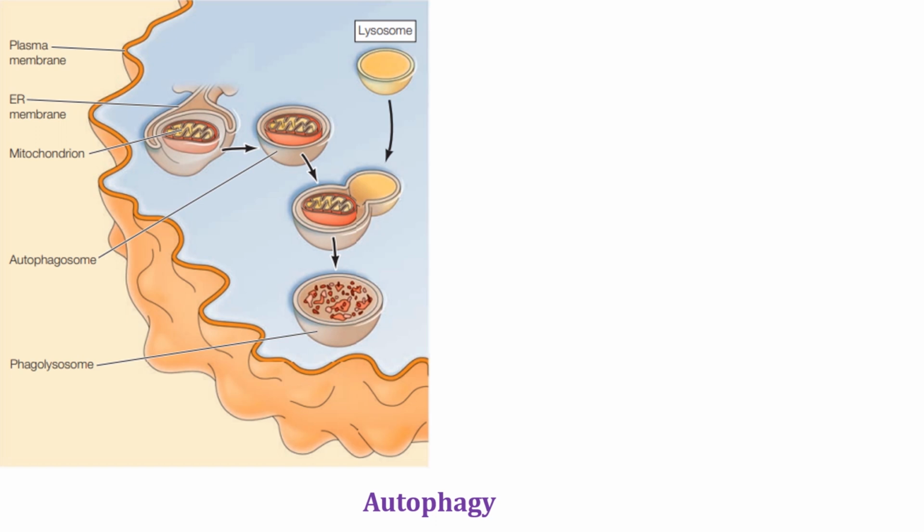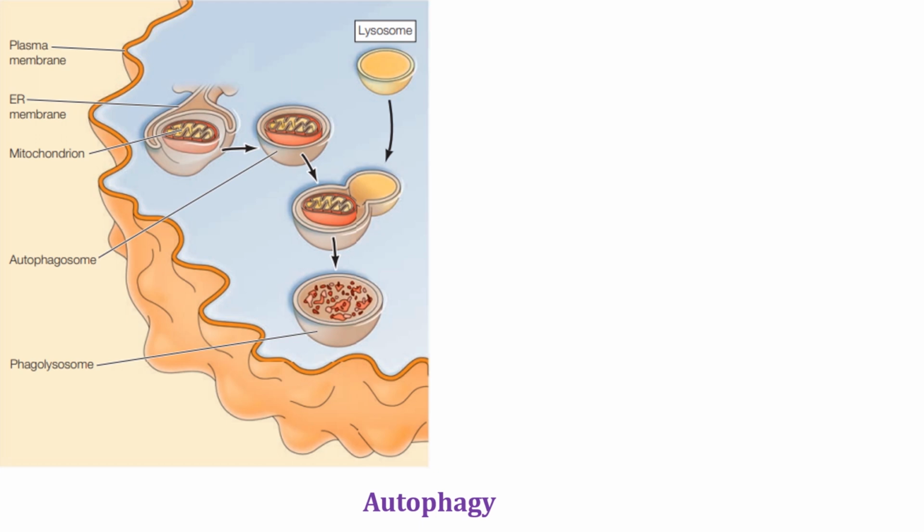If you remember, I discussed the ubiquitin-proteasome pathway in my previous video. It is the major mechanism of regulated protein degradation. In contrast, autophagy leads to the gradual degradation of long-lived components of the cells.